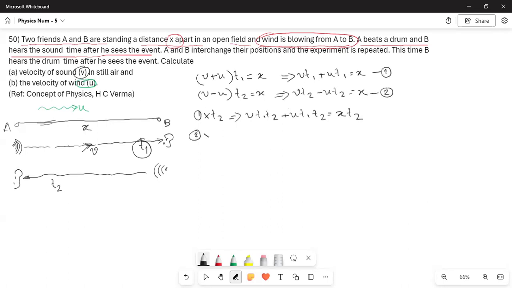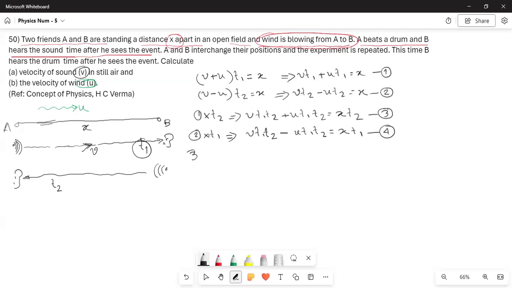Multiply equation 2 by T1, we get VT1T2 minus uT1T2 is equal to xT1. Let us consider this equation 3 and this is equation 4.